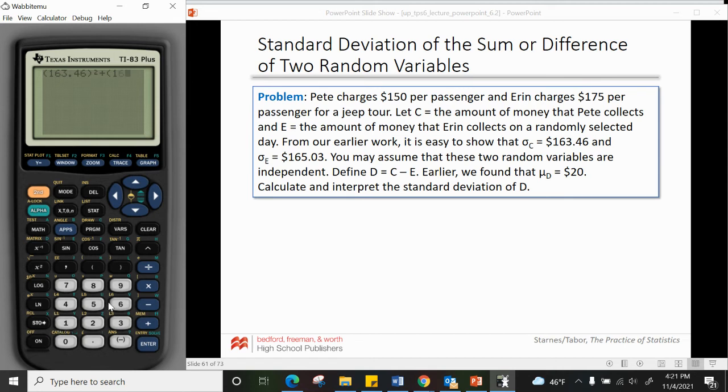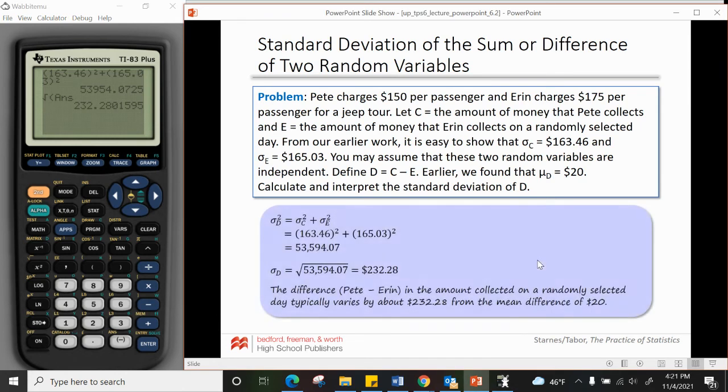Plus 165.03 squared. Press enter, second square root, second answer. So what we get, 232.28. Sure enough, we get it.